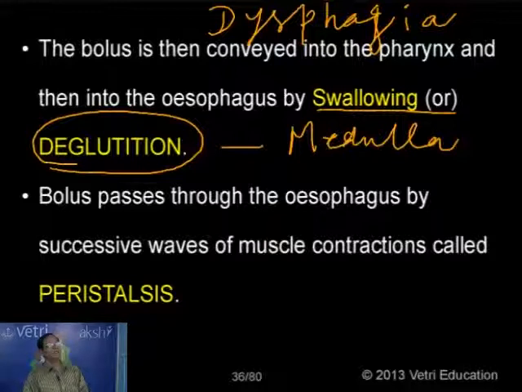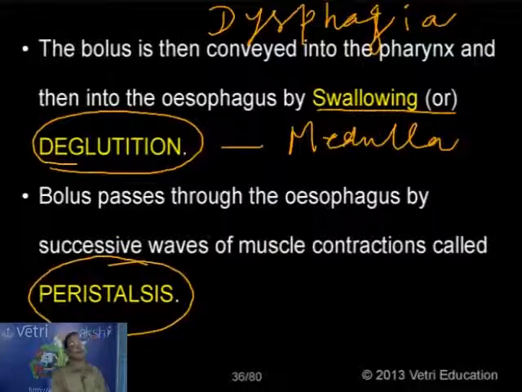Now the bolus passes through the esophagus. How? By wave-like muscular contractions. A series of wave-like muscular contractions take place successively in the wall of the esophagus, because its wall is made up of smooth muscle. These successive waves of muscle contractions that push the food from the buccal cavity or pharynx to the stomach are called peristalsis.